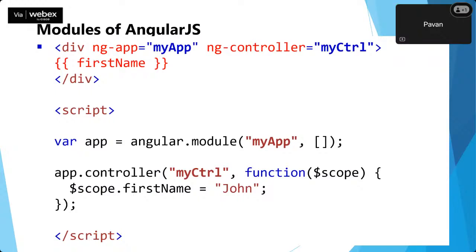So here we are printing John instead of first name. That's why we have to write a function. So how do we write the function? It's by using controller. So that's why we have mentioned here app.controller, inside parentheses my controller, that is the controller name, and after that what we are creating, a function.